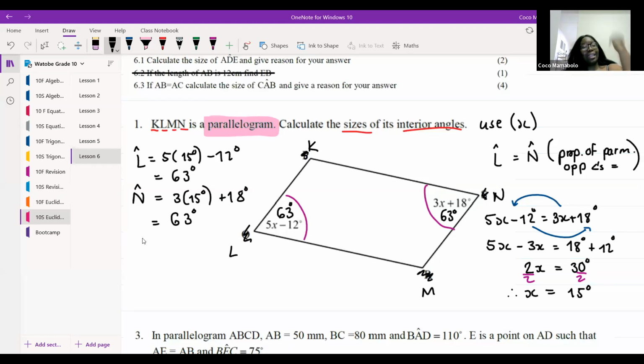Cool. So I can then say that angle K is equal to angle M for the very reason that we put up here: the properties of a parallelogram, and also that the opposite angles are equal.